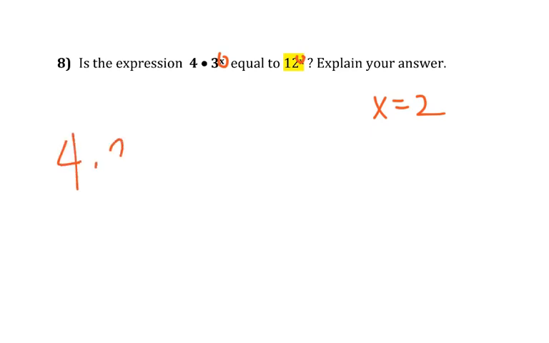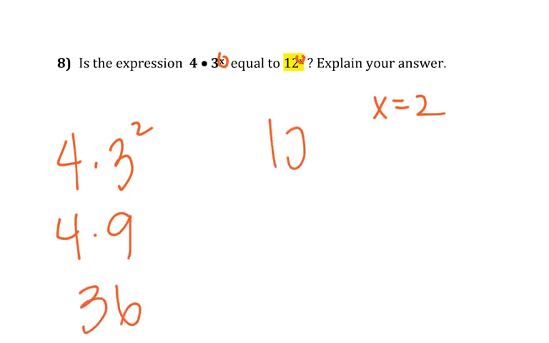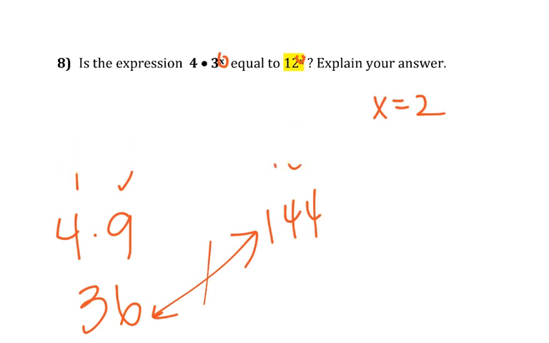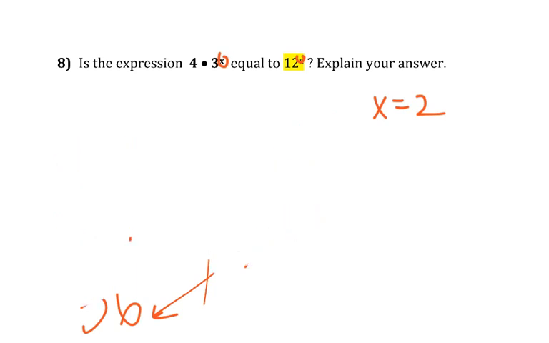So if I have 4 times 3 to the second power, that's 4 times 9, which is 36. And then if I do 12 to the second power, I have 144. Well, anybody can see that those are not the same thing, so they're not the same expression. So that's one way that you could explain it. In math, when you're explaining your answer, it doesn't always involve words. Sometimes you can just show your steps, and so that would be a reasonable explanation.